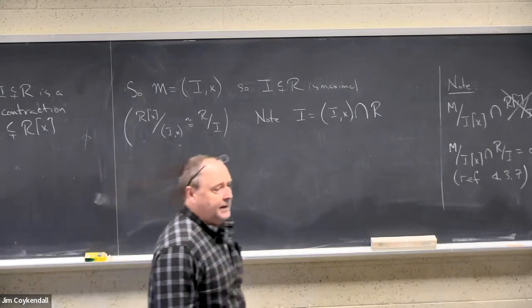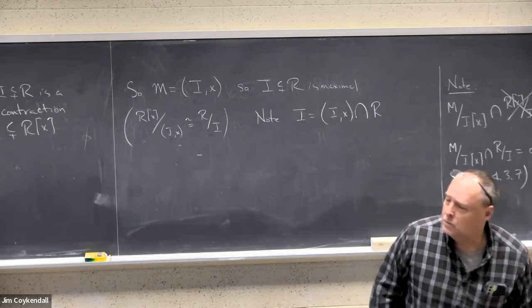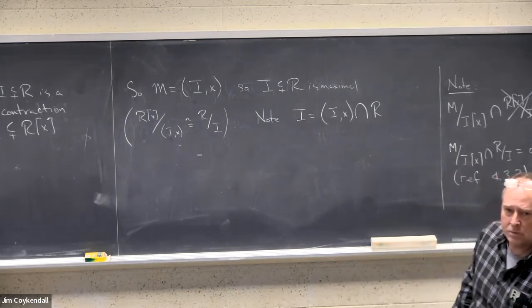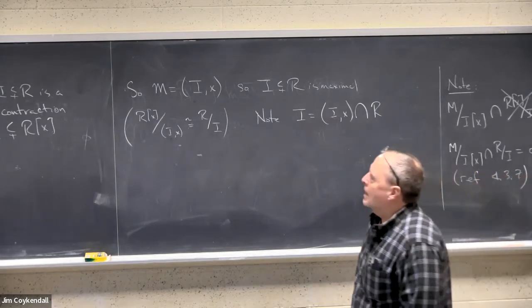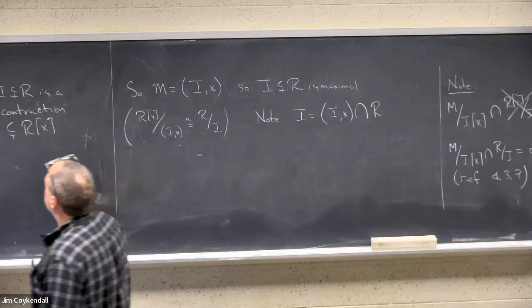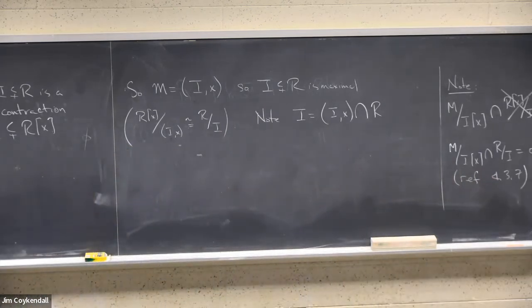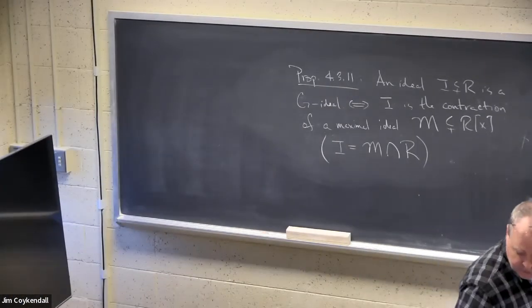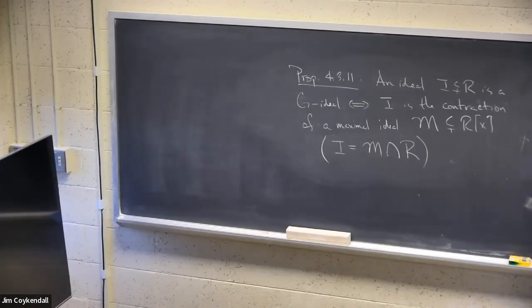Okay, any questions on that? So if I is a G ideal, then it's necessarily a maximal ideal? Yeah, does it have to be? Well, let's see, it has to be prime, that's for sure. So can it be a?